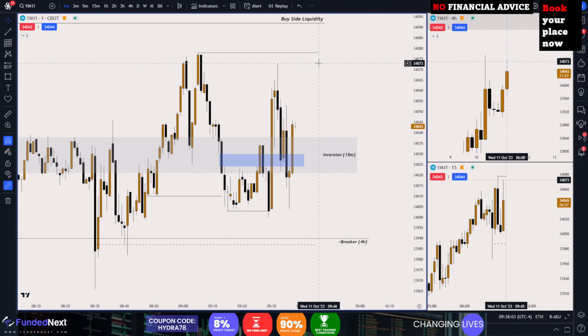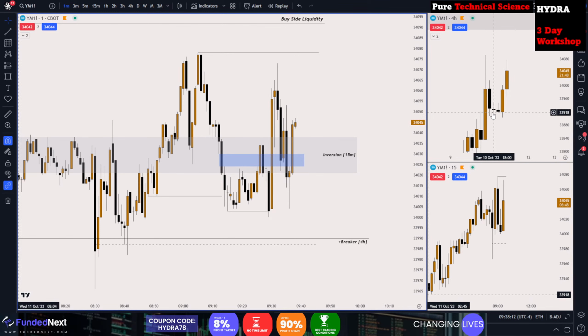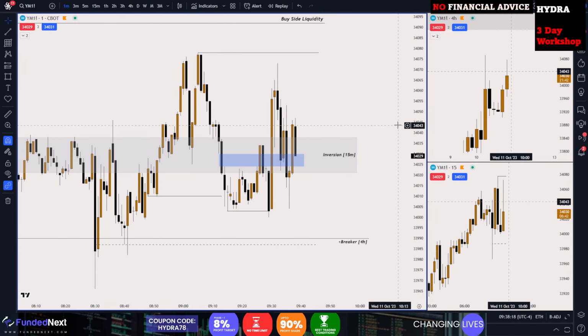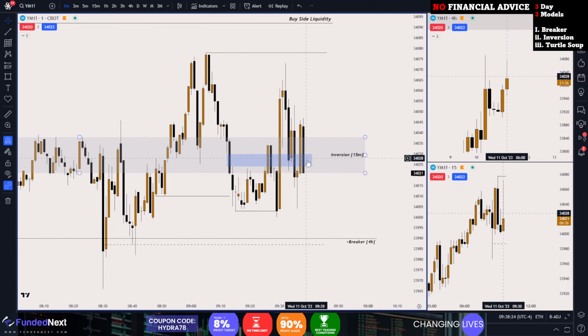I'll be talking about breaker, what ICT already shared with us, like higher high, higher low, then that's a breaker. I will not only be sharing that, but every possible breaker model. There's a lot inside breaker, folks, like how to use breaker with standard deviation and projecting price, all that good stuff, right? So look at the choppiness here.